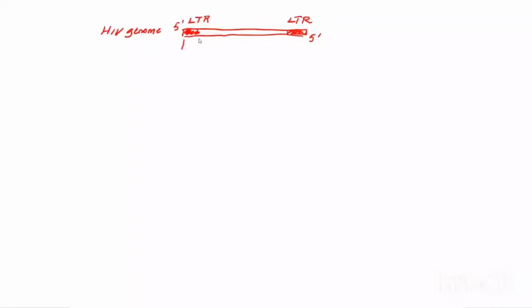And we will have a little blow-up of the HIV genome. And I'll just draw a few nucleotides here for illustration. That's the upper strand, and here's the lower strand.